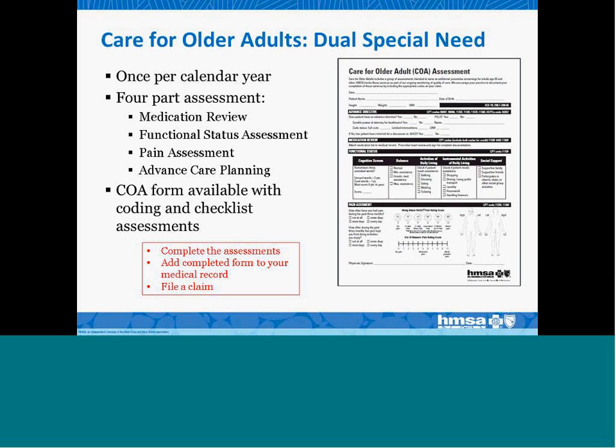We do provide forms like the one that you're seeing on your screen that you're welcome to use to help you complete that assessment, or of course any form that you would like to use that includes those various metrics is fine with us. When you complete the assessment during this visit, you add the completed form to your medical record, and then you're ready to file your claim for that visit. You'll notice that on the form are some codes to help you know what CPT-2 codes will give you credit in HMSA's system for having completed those assessments.